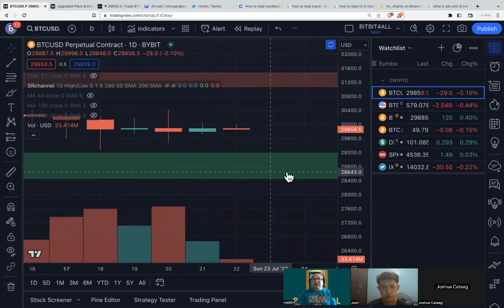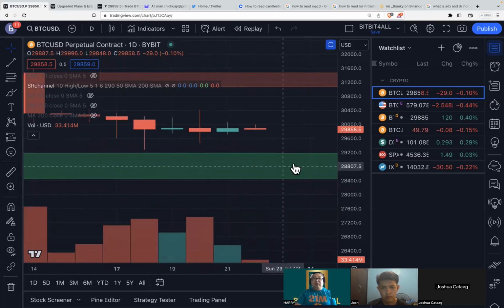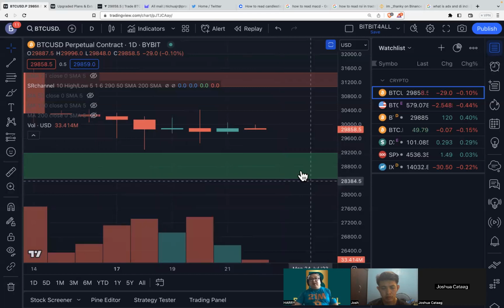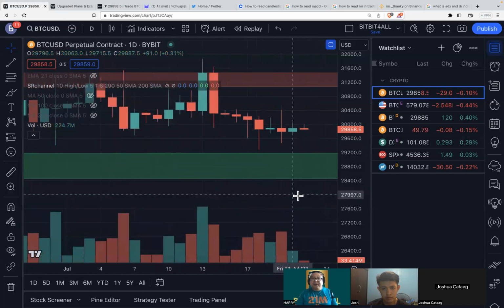Very, very important. Dati I couldn't find this support and resistance, but ayan. So this support and resistance channels pala, nagbabago-bago yan. Nagmo-move yan. It can move a little bit higher, a little bit. Kasi based yan sa historical movement ni Bitcoin. So, di ba, mga 13 years na tayo.